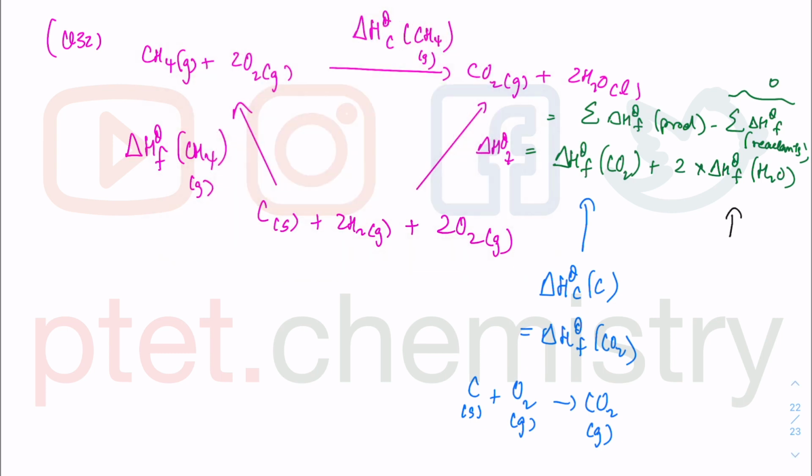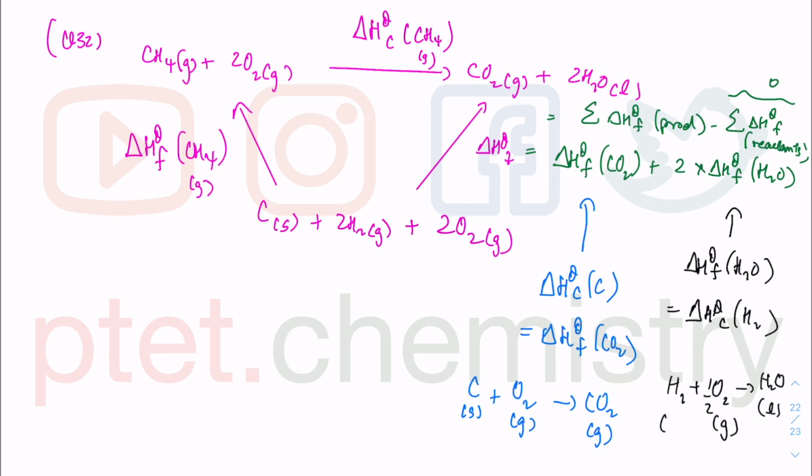In terms of the formation of water, the formation of water is going to be equal to the combustion of hydrogen gas. Again, you can write a balanced equation for this, and you get H2O liquid from half of oxygen and 1 mole of H2 like that. So we can see the relationship like this. So 2 times the formation of H2O is equal to 2 times the combustion of hydrogen.